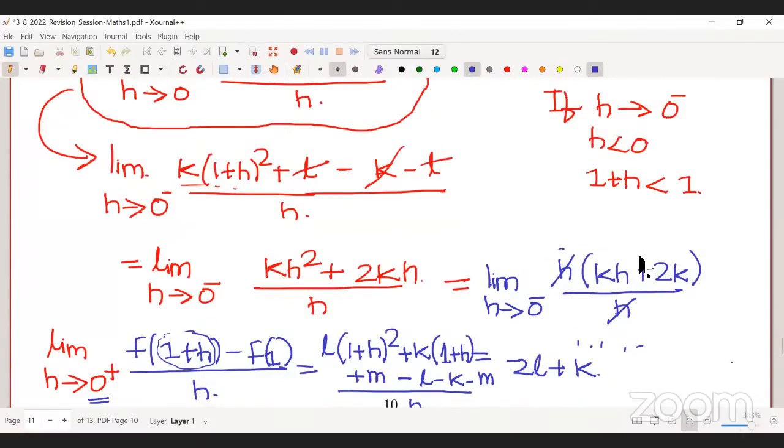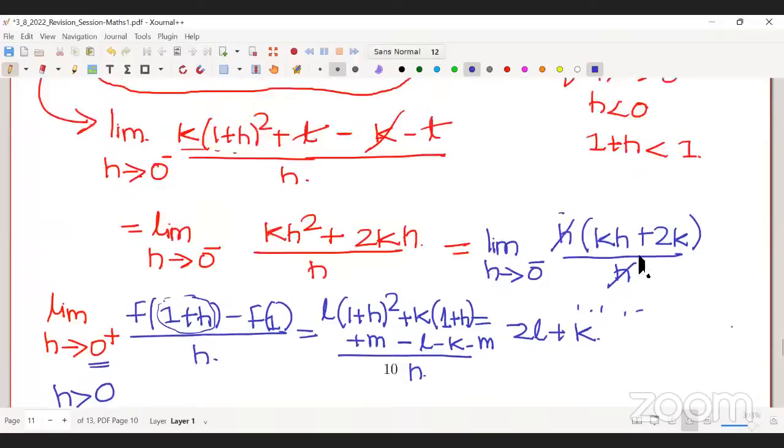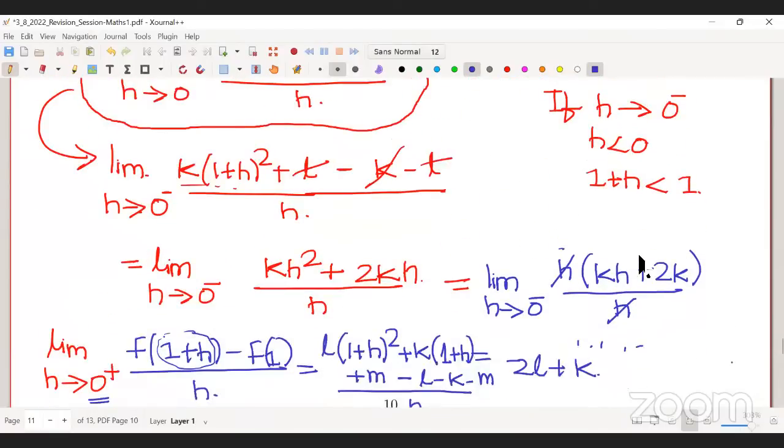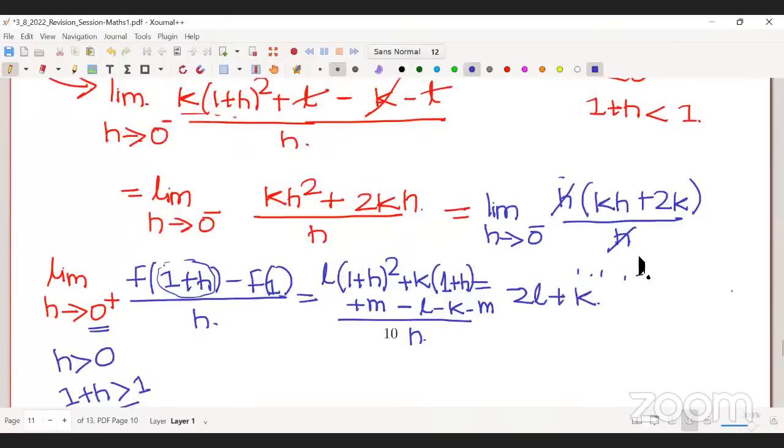Why have you taken f of 1 to be minus L minus k and minus m? It should be minus L in the limit as h tends to 0 from the positive side. This is f of 1, right?